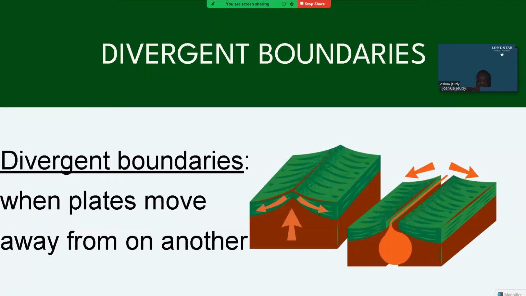One of our first tectonic plate boundaries is divergent. You can imagine two giant plates sitting next to each other. Divergence, you think of divide. Divide means to separate. So they separate and move away from each other. Usually this creates a giant gap.